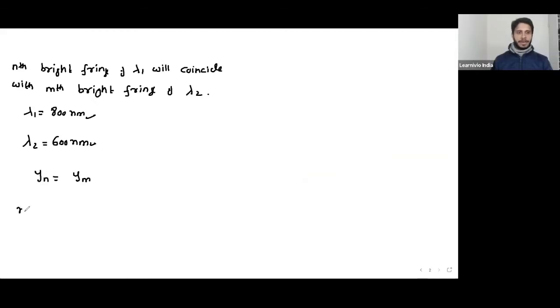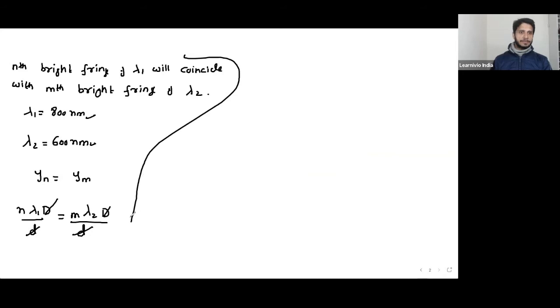So for the nth you can write n lambda 1 capital D by small d is equal to m lambda 2 capital D by small d. So this small d will cancel this small d, capital D will cancel this capital D, and you can write that n is lambda 2 by lambda 1 into m. Now I have to decide the value of n and m for which these fringes will coincide.